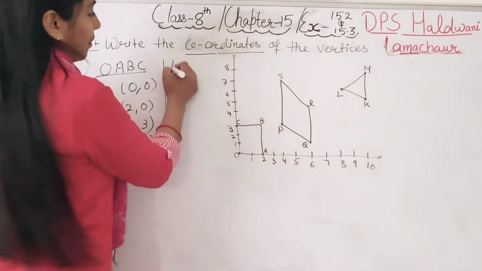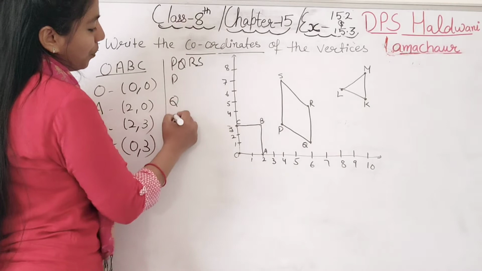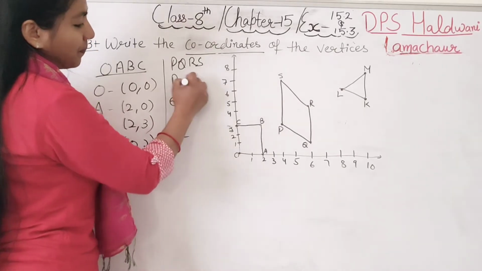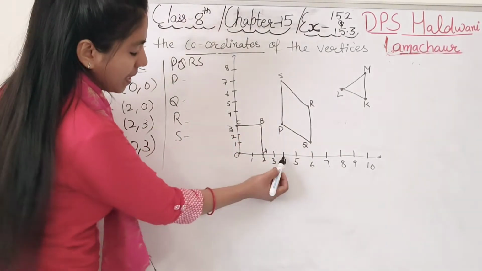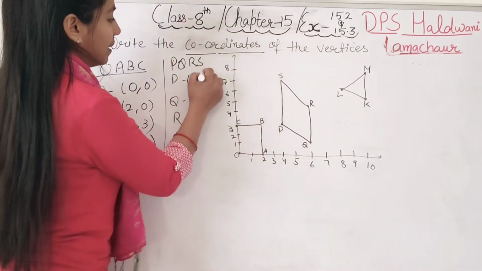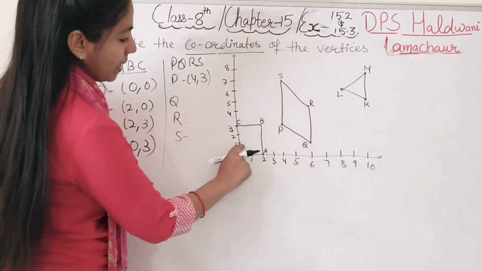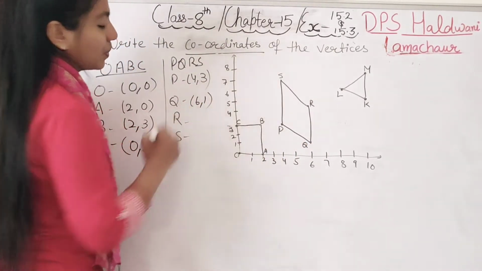See here. One figure you have is P, Q, R, S, in which the P point, Q point, R point and S point are there. So for P, the coordinates are x is 4 and y is 3. Right? For Q, x is 6, y is 1. So 6, 1 coordinates.